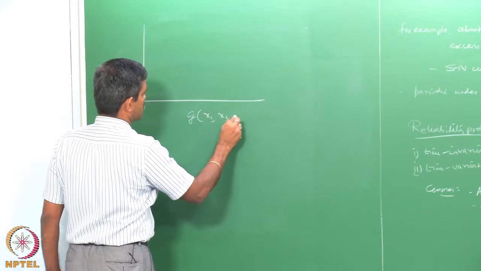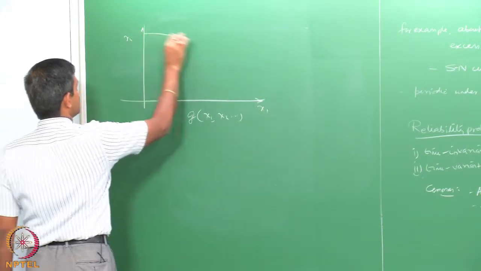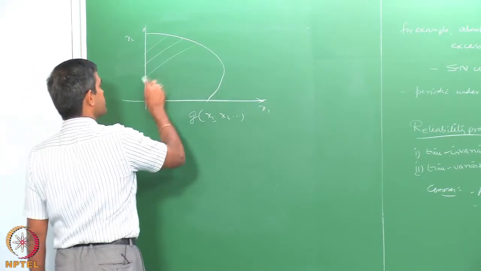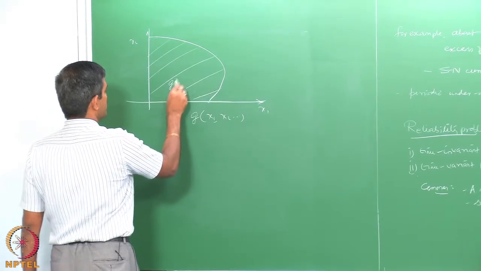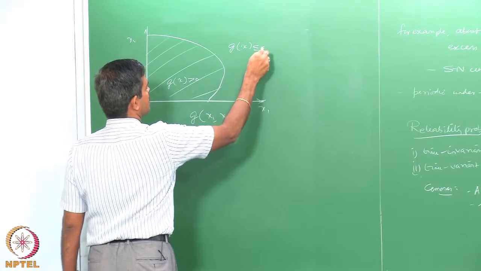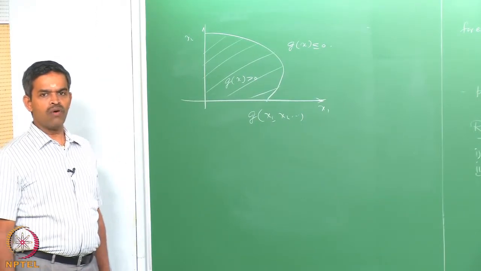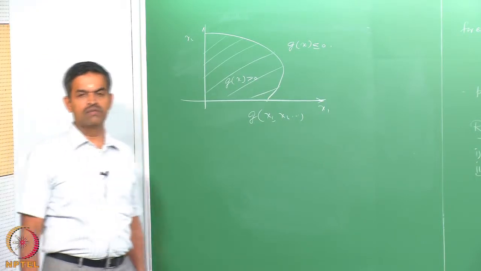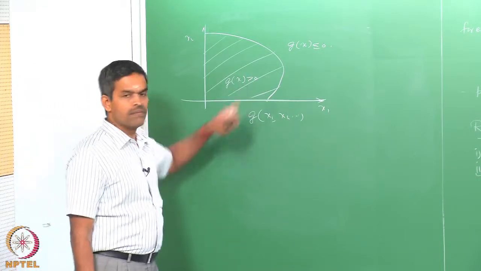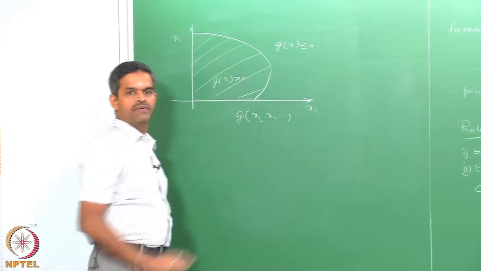So, g of x1, x2. This is my shaded area where g of x is greater than 0. This is the area where g of x is less than or equal to 0, which is the failure domain. So, integration of a suitable probability density function within the shaded area is actually the reliability, because that is the safe area. This is the failure area, 1 minus failure is going to be the safe area, right.